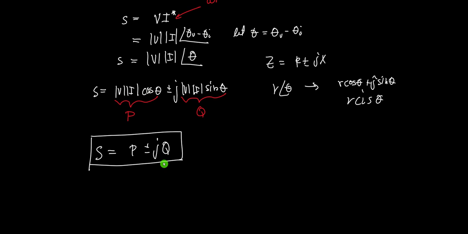So if we consider them in the complex form, we can just add them all, then we can solve for the total power. And if you can solve for the total complex power, it will also give you the total real power, reactive power and apparent power. So this is very significant.